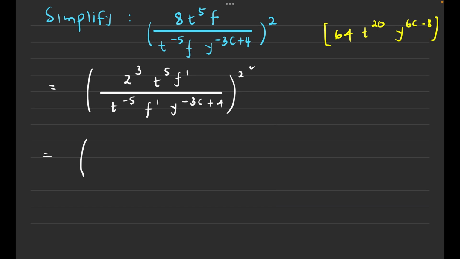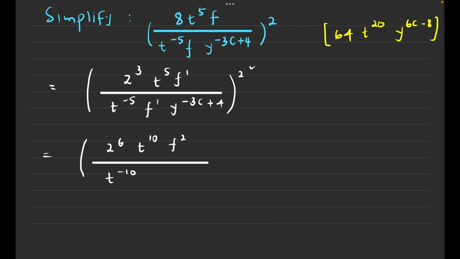And that is coming from the power rule. So it's 2 to the power 3. It's going to be 3 times 2, is 2 to the 6th. And then t to the power 5 times 2, so it's going to be 10. F to the power 1 times 2, that's going to be f squared, divided by t to the power minus 5 times 2, it's t to the power minus 10.